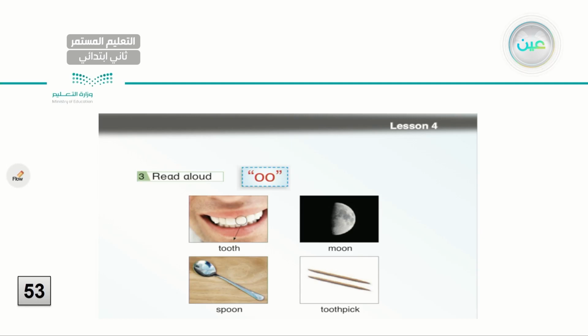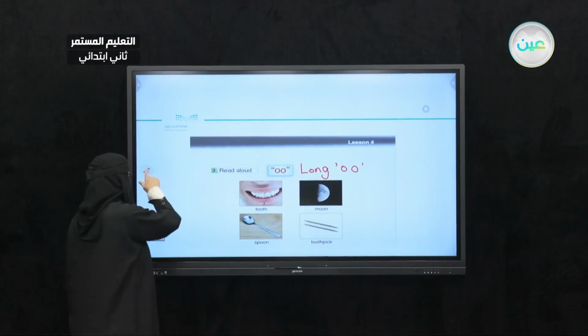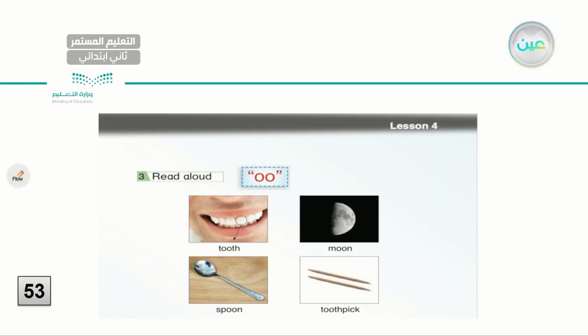Let's read them one more time. Tooth, moon, spoon, and toothpick. They are long O's. Okay, I have the long sound here. Practice reading them again after the end of this lesson. Remember, boot, school, and broom.